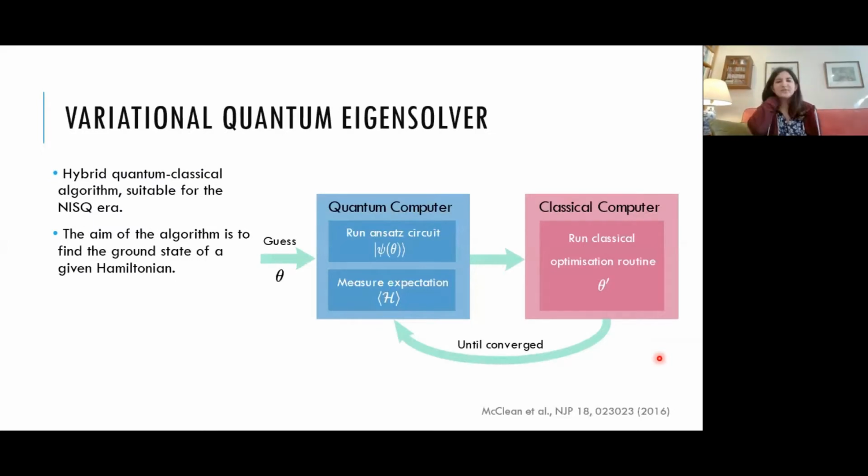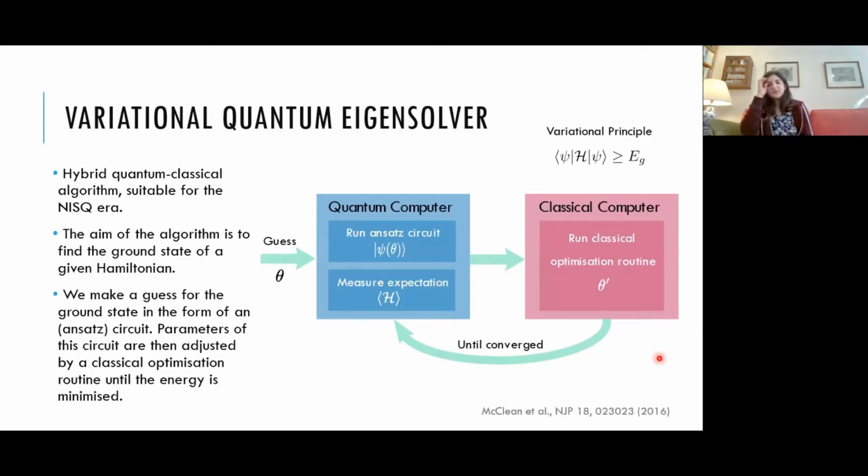So the variational quantum eigensolver is one of these hybrid quantum classical algorithms, which is particularly suitable for the NISQ era. This is because you're using the quantum computer to speed up one bit, and you're trying to outsource as much of the work as possible to the classical computer. The aim of this algorithm is to find the ground state of a given Hamiltonian. The way it does this is we make a guess for the ground state in the form of an ansatz circuit.